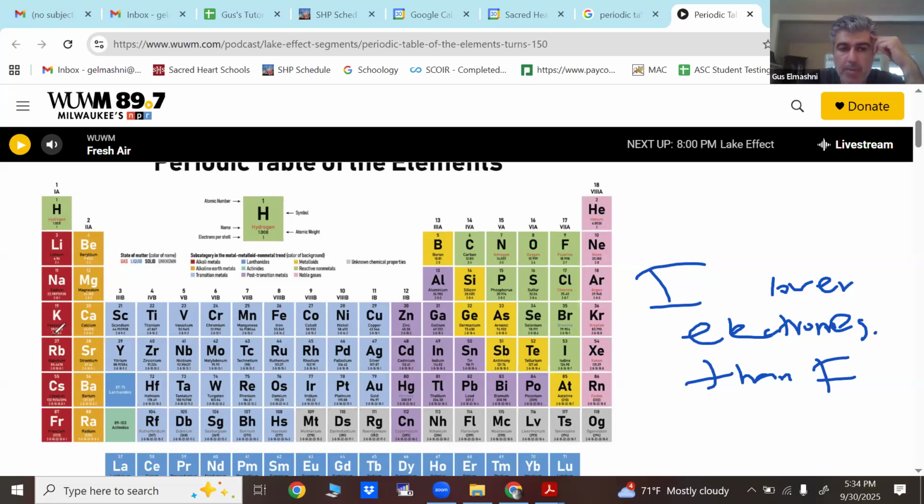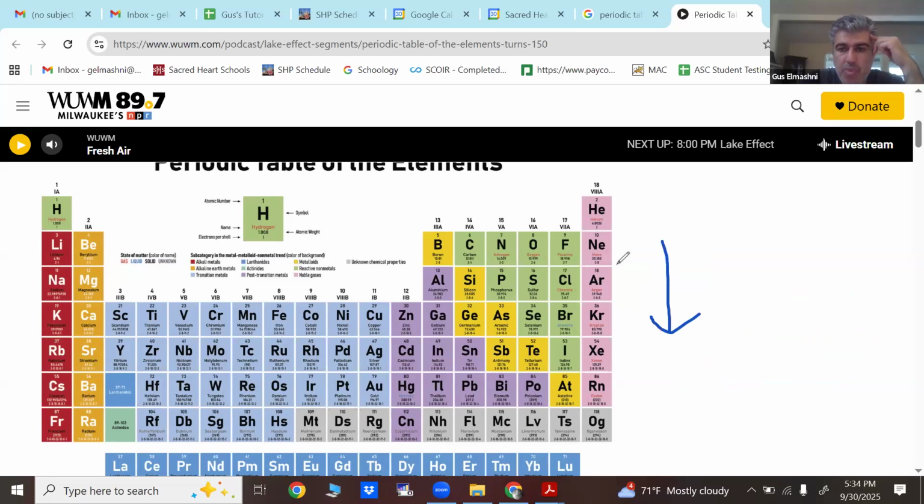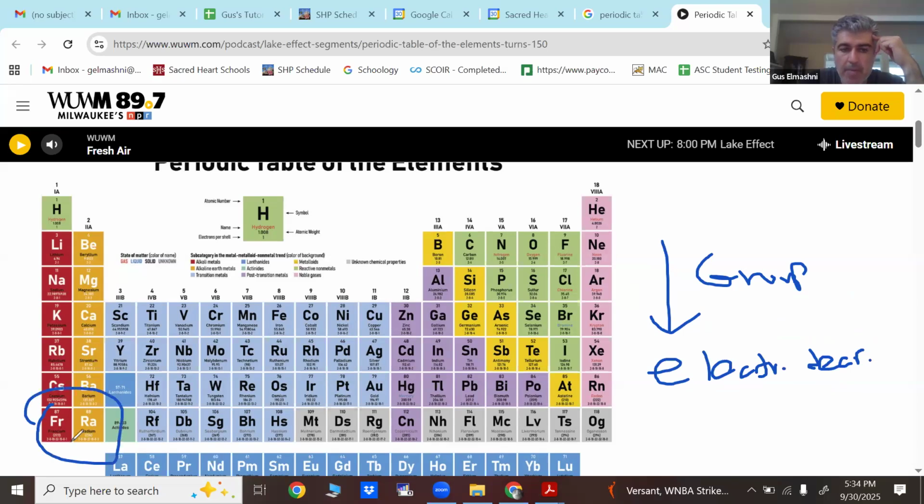So as you go down a group, we call those groups, the columns, the electronegativity decreases. As you can imagine, cesium or francium would probably have the lowest electronegativity, and fluorine would definitely be one of the highest.